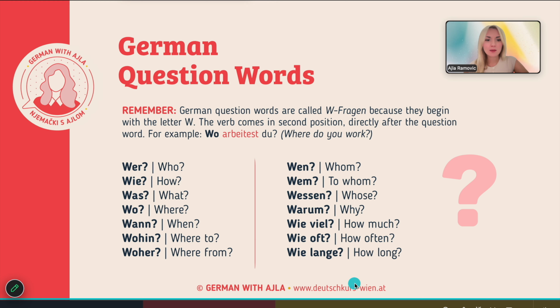Here we have some question words that are not so frequent like the first half, but still very important and of course good to know. So let's continue. Wen, whom. Wen siehst du?